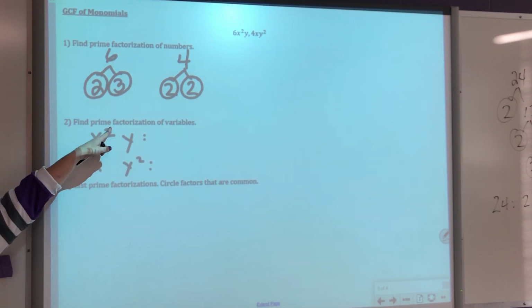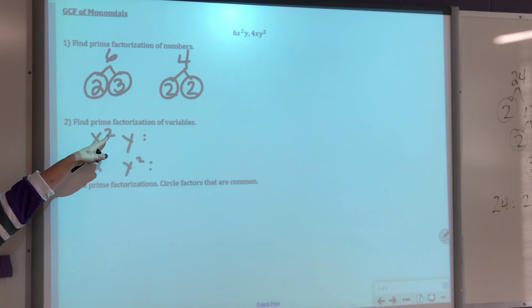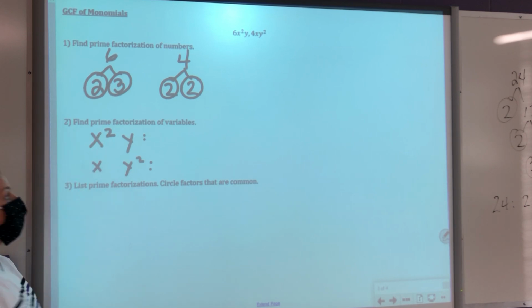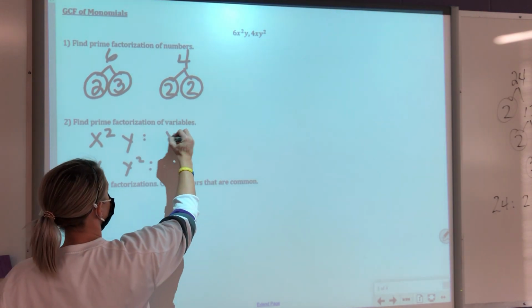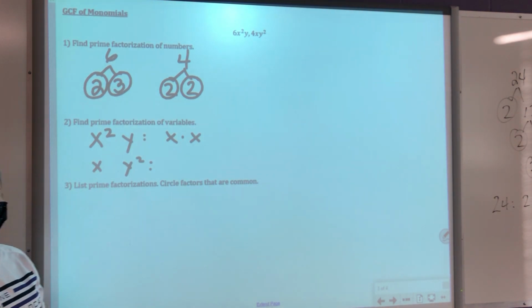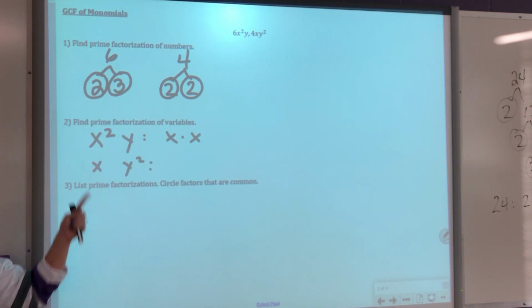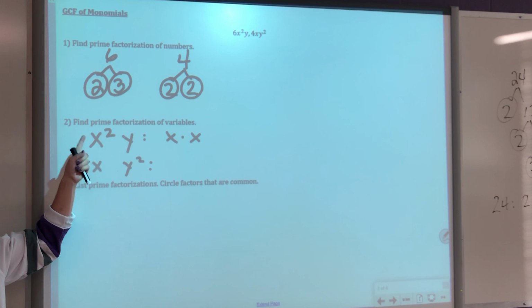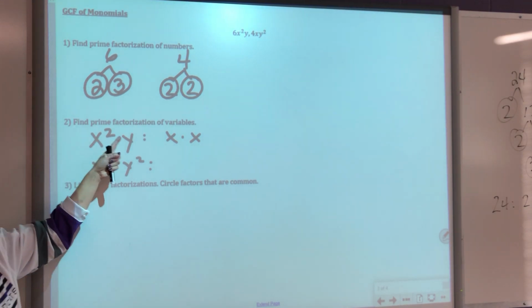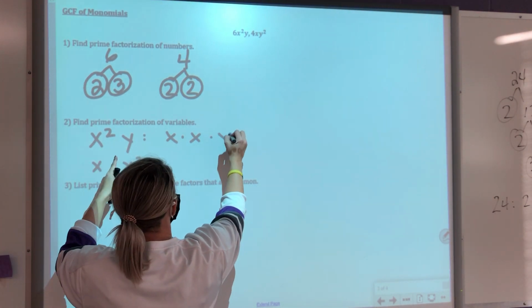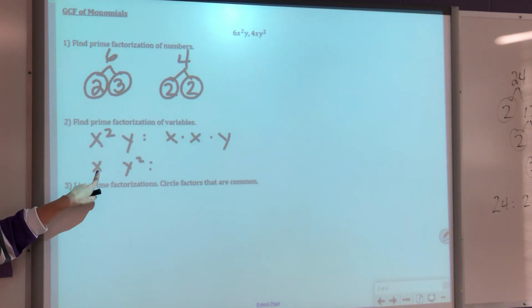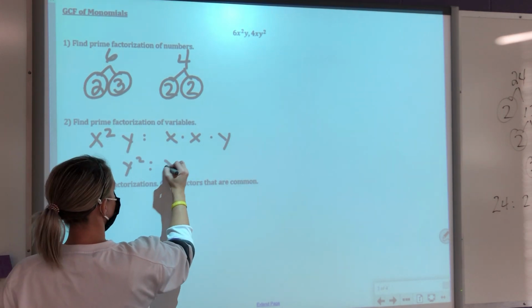What does x squared mean? It's being multiplied by itself. So x squared y is actually x times x times y. What about this one? What is xy squared? It would be x times y times y.